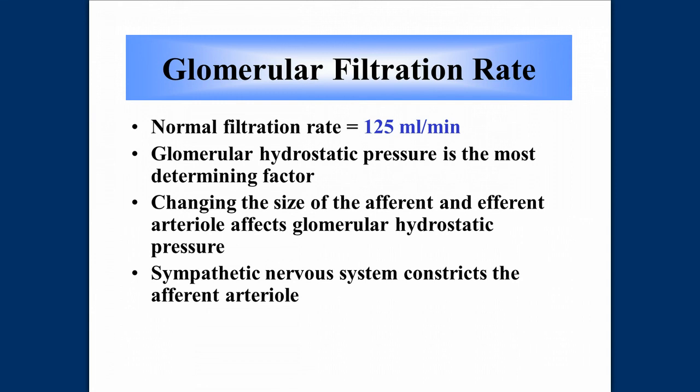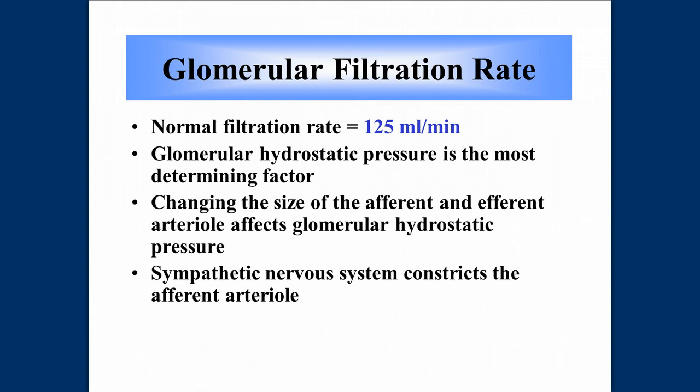So what happens when it constricts? Constricts means that it becomes more narrow. Remember we just talked about the afferent being a larger diameter than the efferent, and because of that it increases the hydrostatic pressure between those two vessels, because you have a larger amount of blood being forced through from the afferent and a smaller amount on the other end, so it sort of backs the blood up, and so filtration happens.